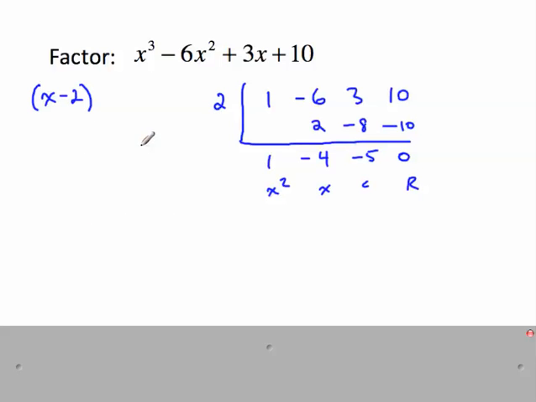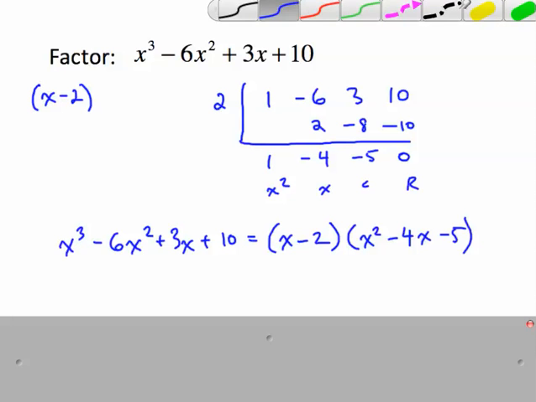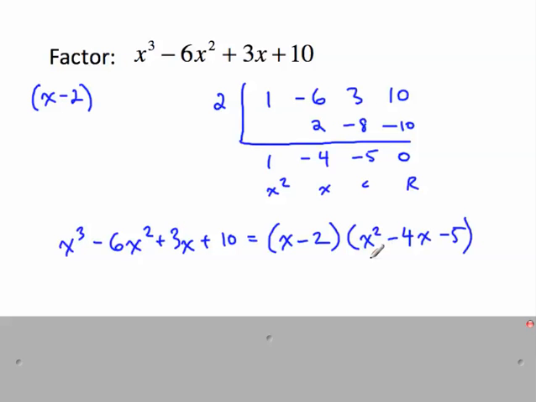So now we've identified that x cubed minus 6x squared plus 3x plus 10 is equal to x minus 2 times x squared minus 4x minus 5. And we know that we can factor this trinomial as well.